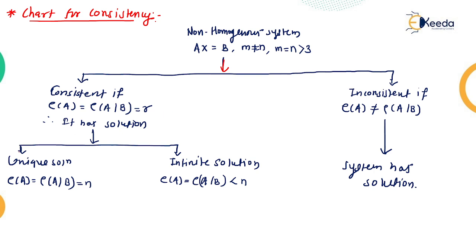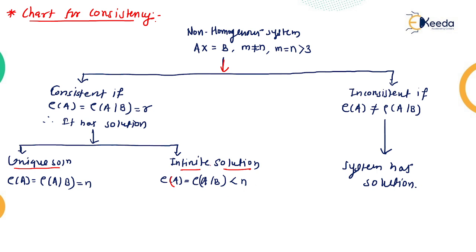And if it has a solution, there are two types of solution. The first one is a unique solution, and the second one is infinitely many solutions. If the rank of A is equal to the rank of the augmented matrix is equal to n, the number of unknowns, then the system has a unique solution. And if it has infinitely many solutions, then it satisfies the condition rank of matrix A is equal to rank of augmented matrix AB is less than n.